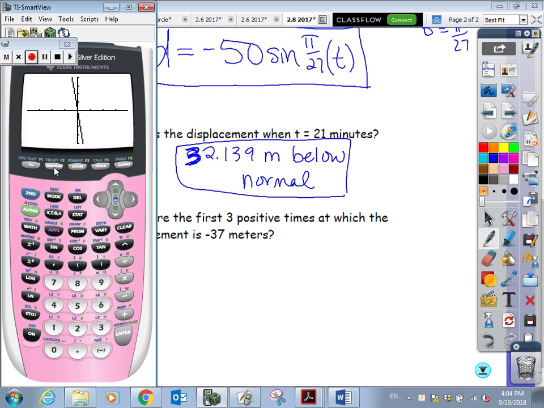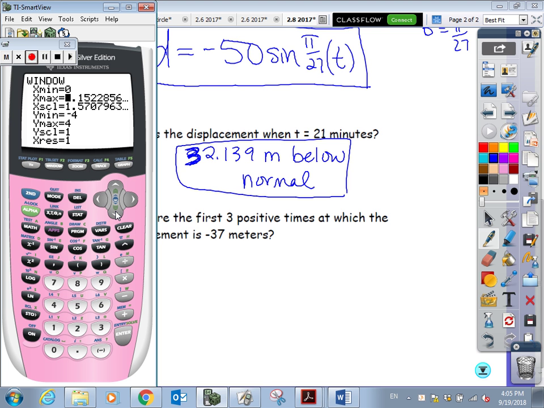So let's go to our window. Now, how do we know what our window is? Well, we have this nice graph up above that has one cycle. So we don't care about anything to the left. We want to know the first three positive times. So we know our minimum we want to be 0 for x. Now, our maximum, one cycle is 54, but remember, we want the first three positive times at which displacement is negative 37.